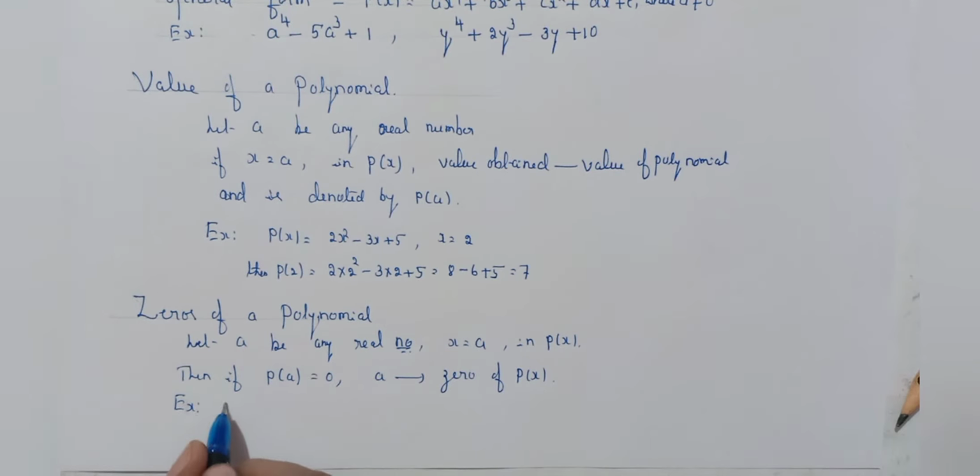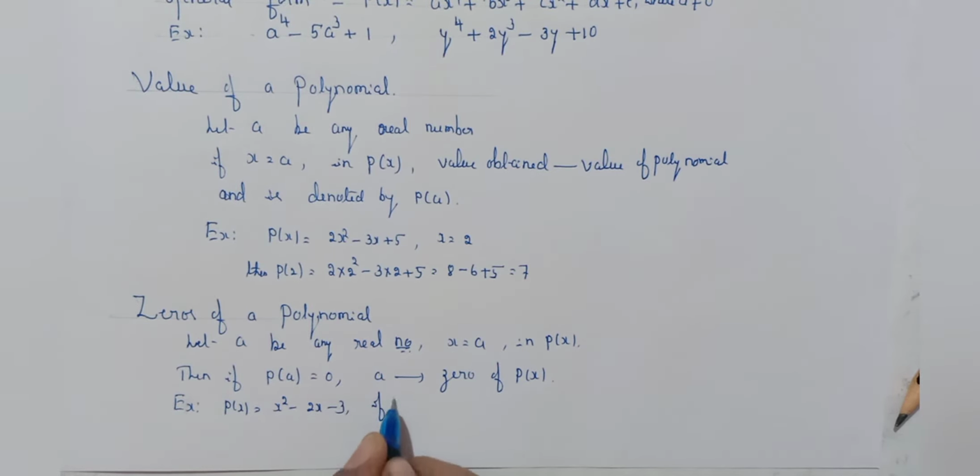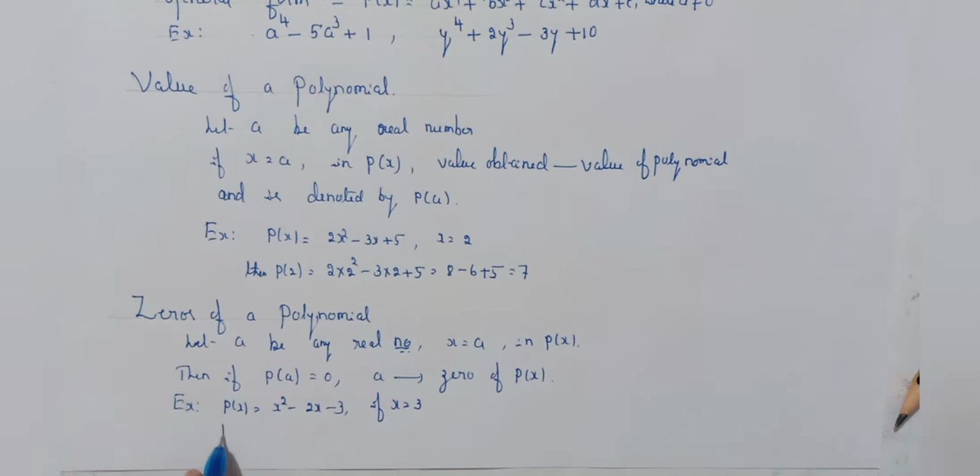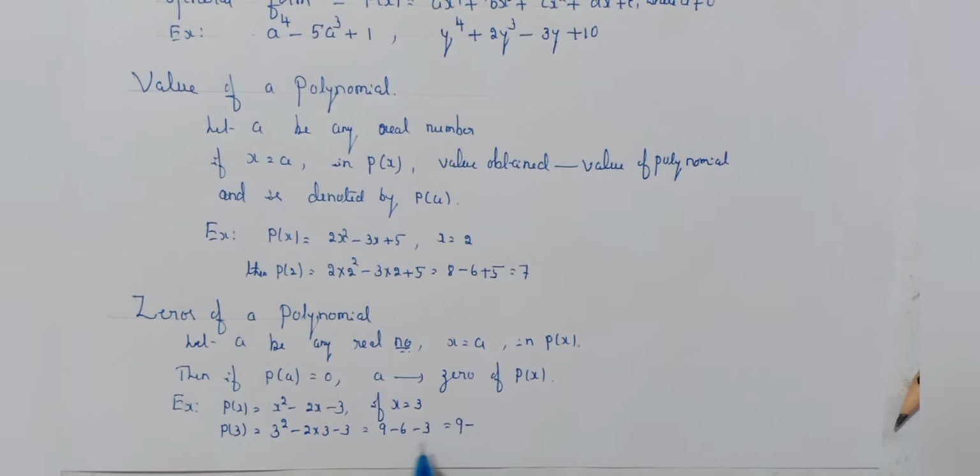consider a polynomial p of x is equal to x squared minus 2x minus 3. If x is equal to 3, then p of 3 is equal to 3 square minus 2 into 3 minus 3. 9 minus 6 minus 3. So 9 minus 6 minus 3 is minus 9. 9 minus 9 is 0.